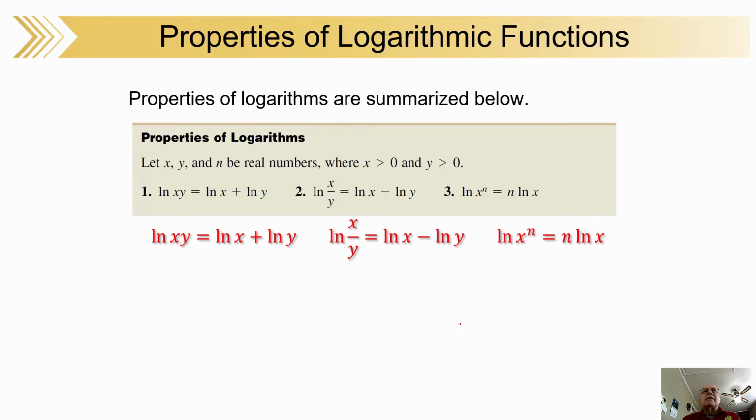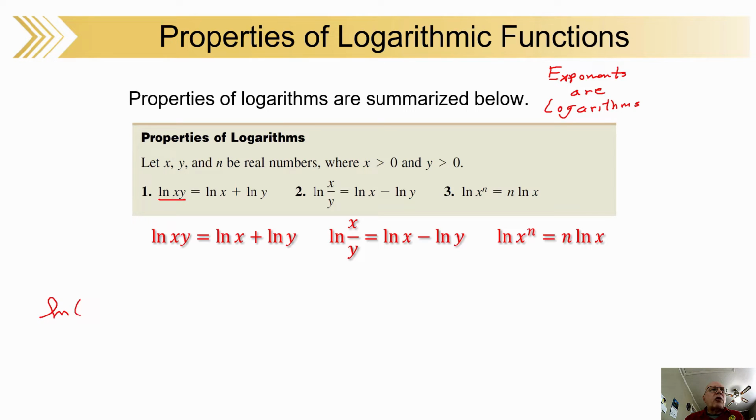Now we've got 3 simple properties. That's the most important thing to remember. Logarithms are exponents. If you remember that, then the logarithm of a product. So if you're thinking of it this way, look at this.